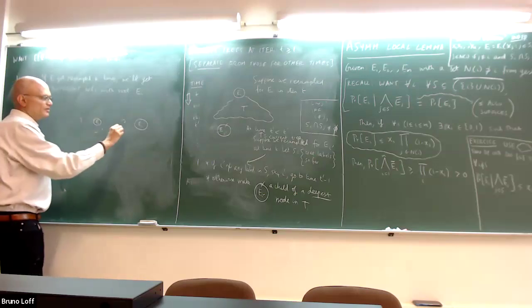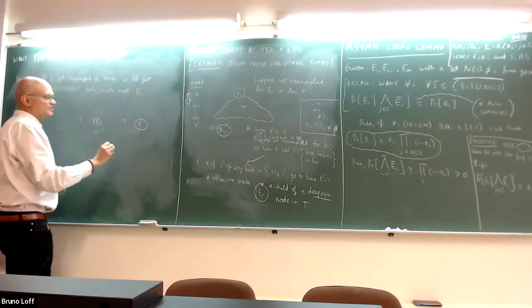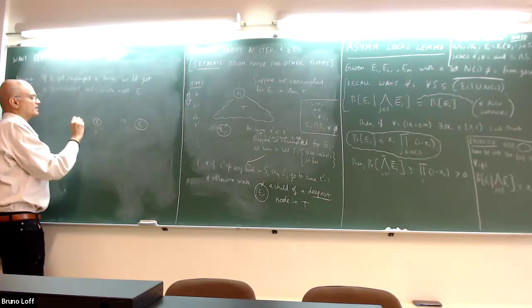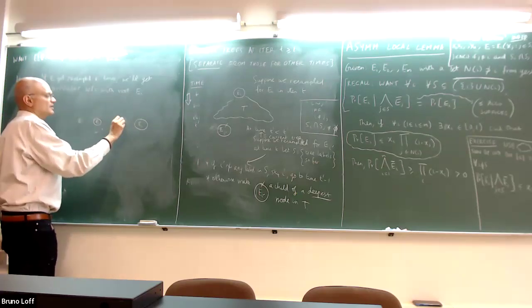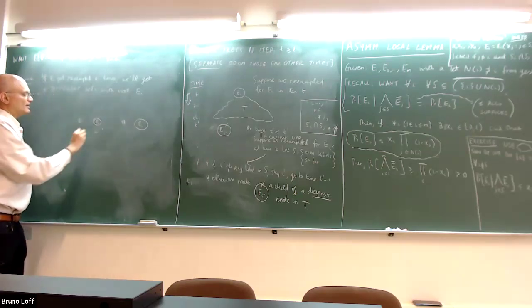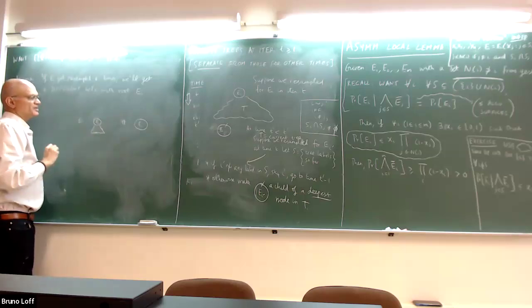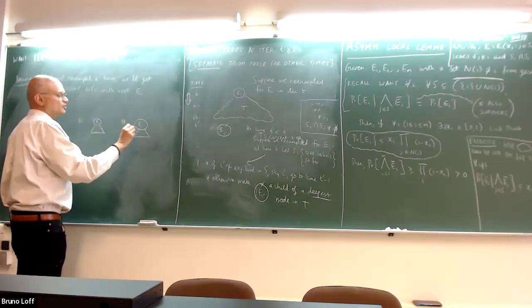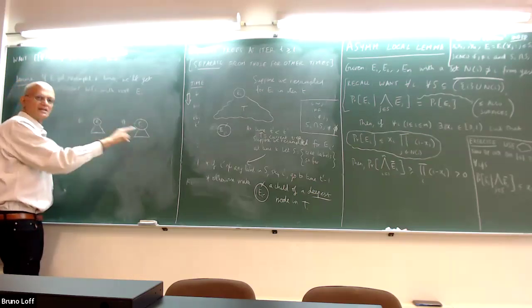Let's make it a larger number, say 6 and 11. At time 6, you constructed this witness tree. Suppose for a contradiction that the witness tree that you constructed at time 11 was exactly the same.